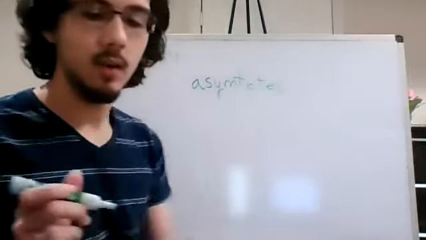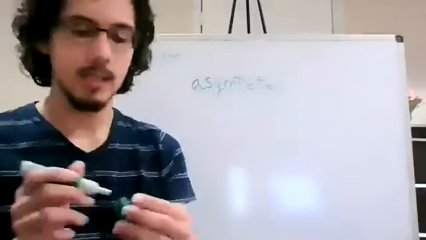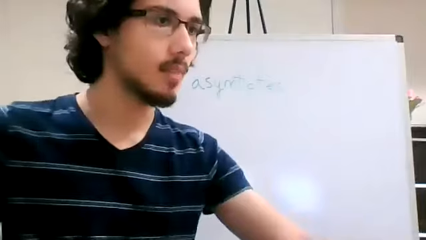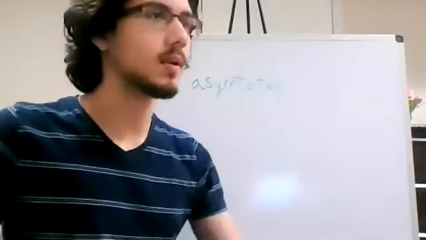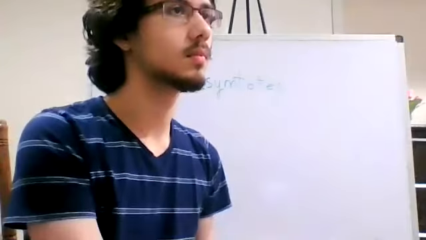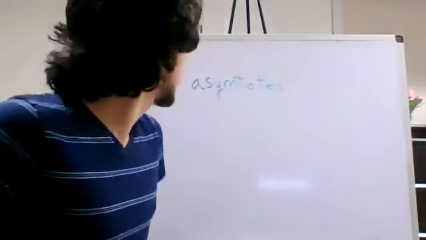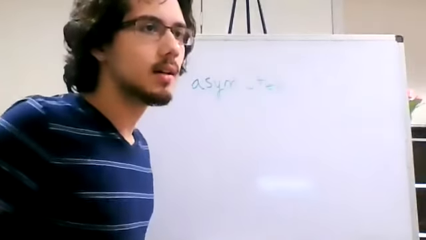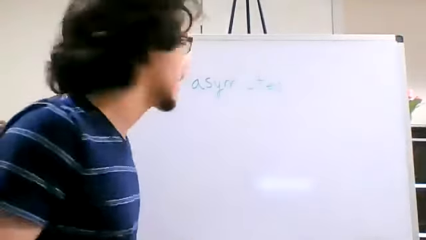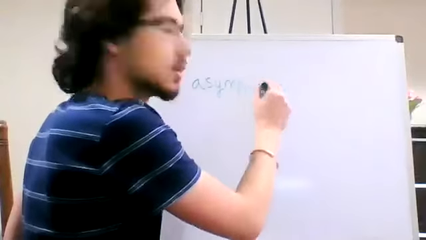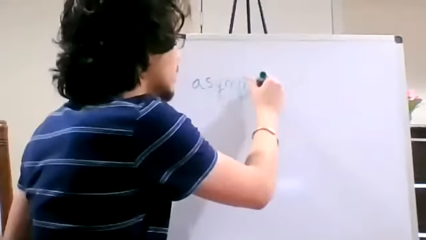Normally I like to break down the words to try and further understand the meaning, but I'm not quite sure about this one. It's spelled A-S-Y-M-P, asymptotes.